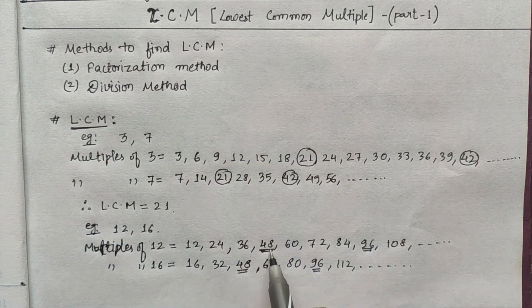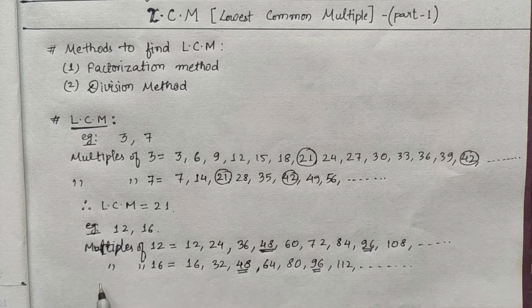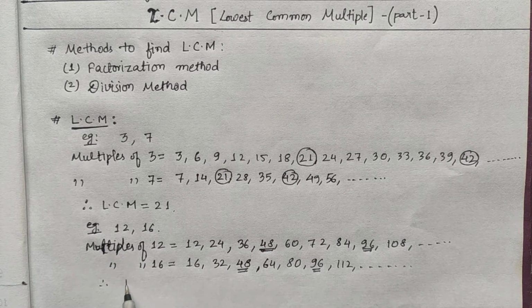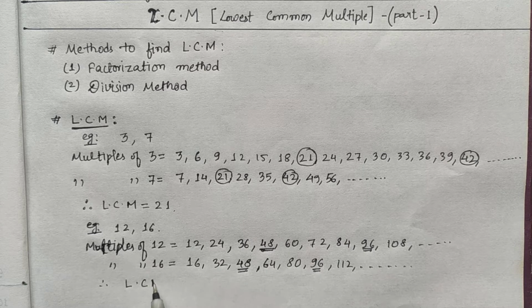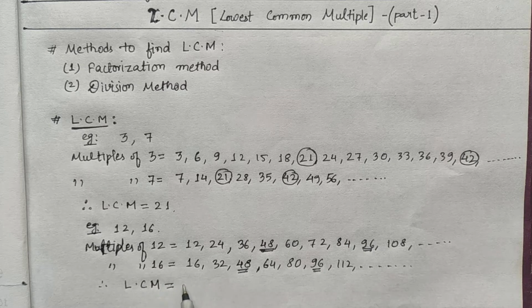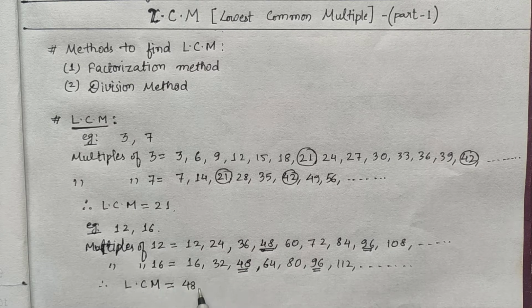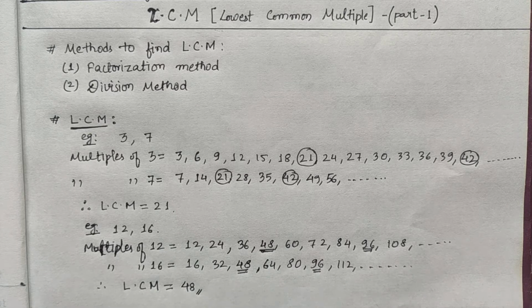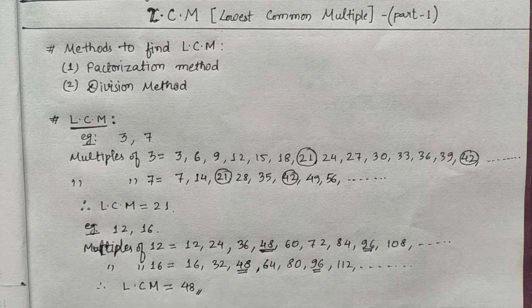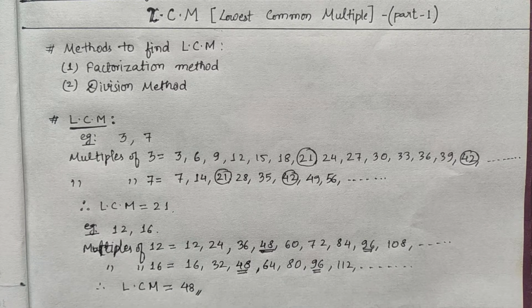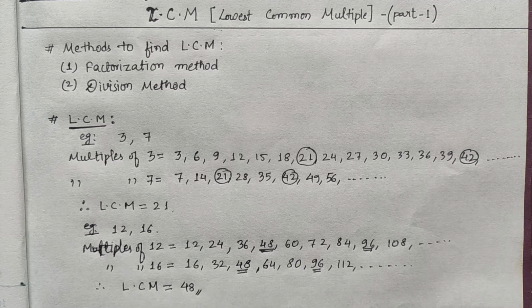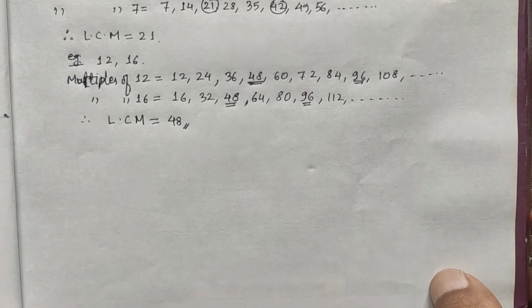Which is the lowest common? 48. So the LCM of 12 and 16 is how much? 48. Yeah. So I hope you understand the meaning of LCM, lowest common multiple. Now we will move on to the two methods to find the LCM.